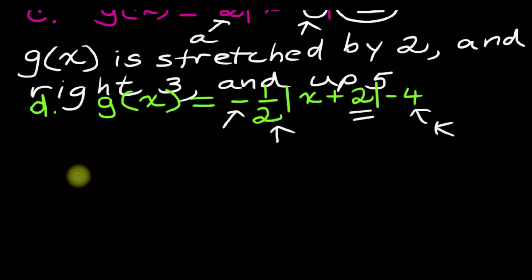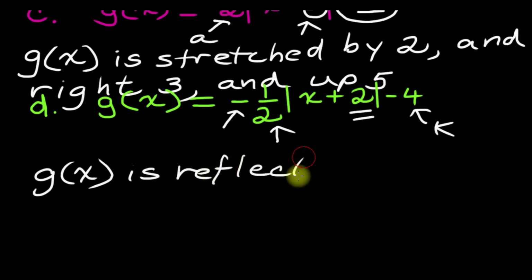You have all of them. So from the parent function, g of x is reflected across the x-axis because of that negative, right?